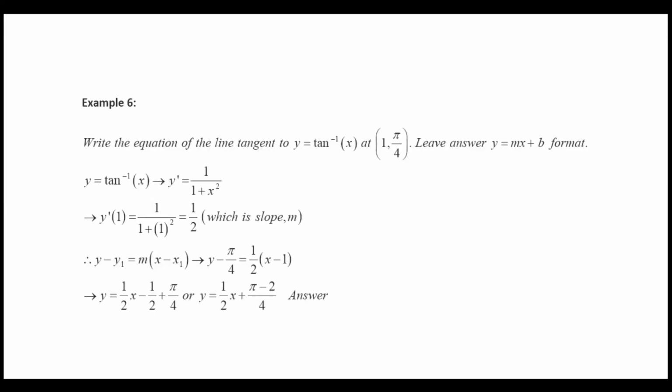In example 6, we're going to find the equation of the line tangent to the graph of the function. So the function is, again, we're keeping this simple, y is the inverse tangent of x at the point 1, pi over 4.